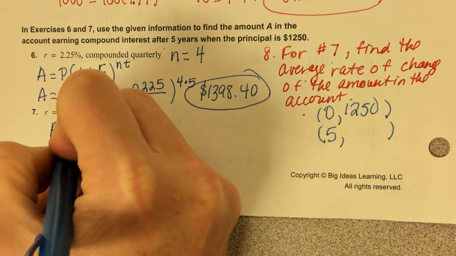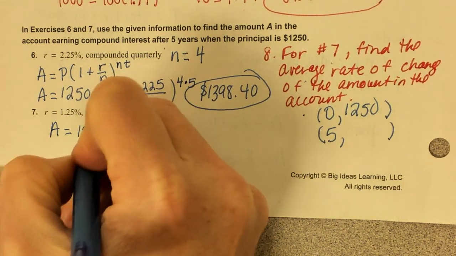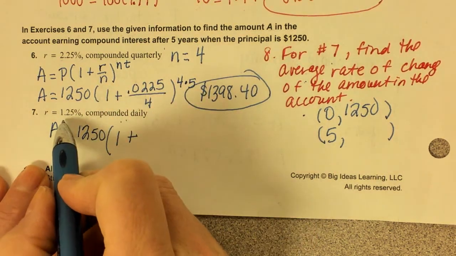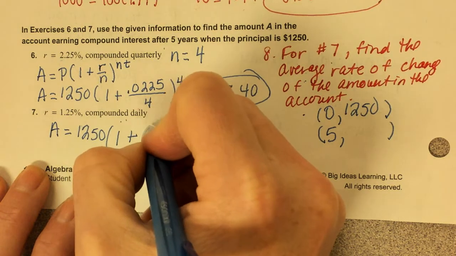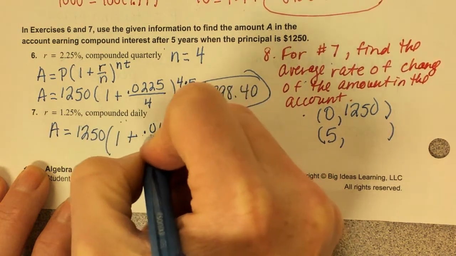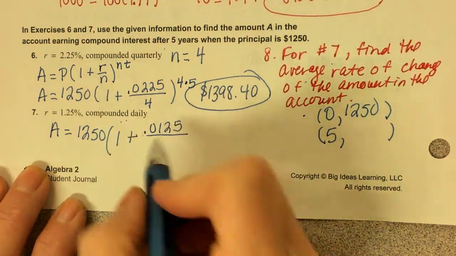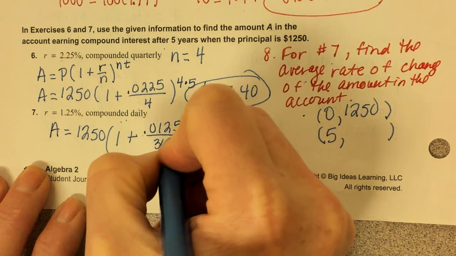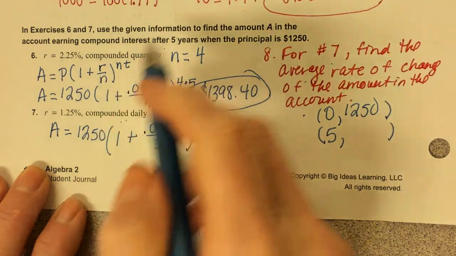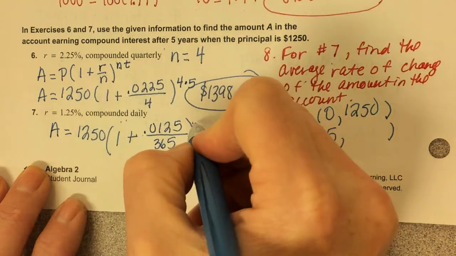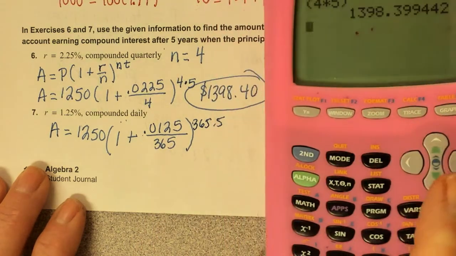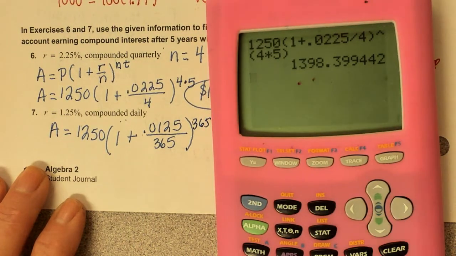To figure that out, I'm going to have to come back over here and do this problem. So it's going to be A equals 1250 times 1 plus, here's my interest rate, 0.0125. If it's compounded daily, what am I going to divide by? 365. And then raised to the number of compoundings, 365 times 5. To type that in, I'm not going to edit that. It's kind of hard to do.